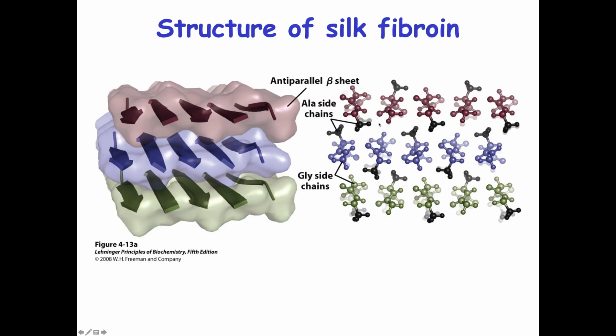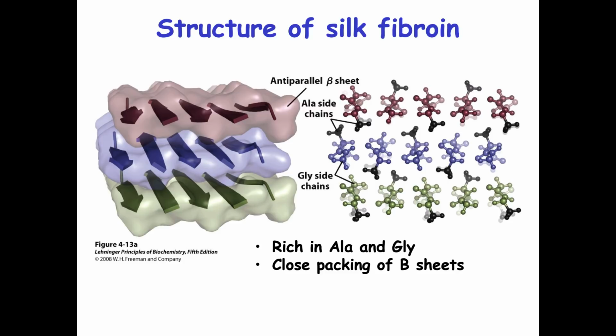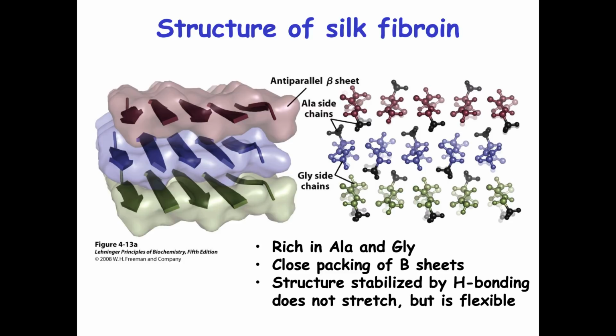And here we can see these glycine and alanine residues that are necessary. So these are very small amino acids that allow for the very close packing of those sheets. So again, silk is rich in alanine and glycine, and it involves close packing of beta sheets. And this structure is stabilized by hydrogen bonding.